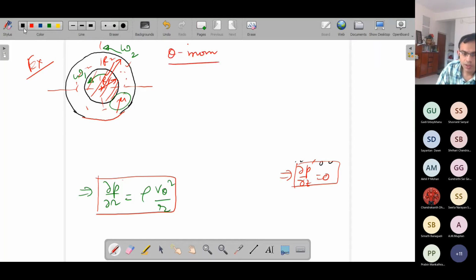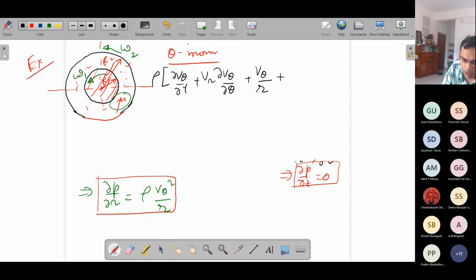So theta momentum, let us write rho, unsteady term. So in the pipe flow standard problem, theta momentum was something which was irrelevant. But in this problem, theta momentum is a very relevant thing, just because of the boundary condition that the cylinders are rotated.